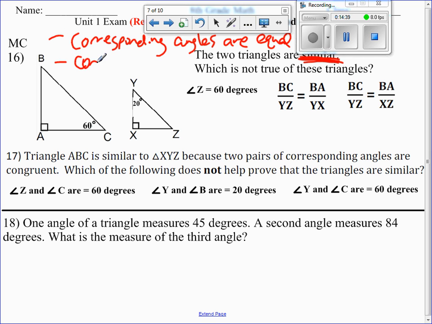And the second thing it tells us is corresponding sides are proportional. If you want to write that down, pause the video and write it down because I'm about to erase it. So when I see that two shapes or two triangles are similar, I automatically know that corresponding angles are equal and corresponding sides are proportional.